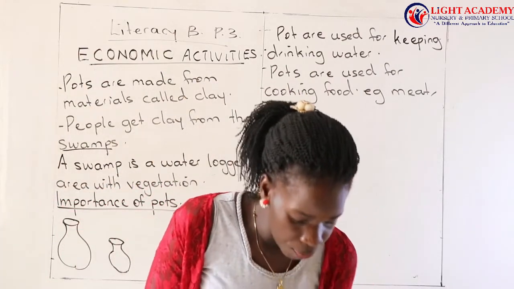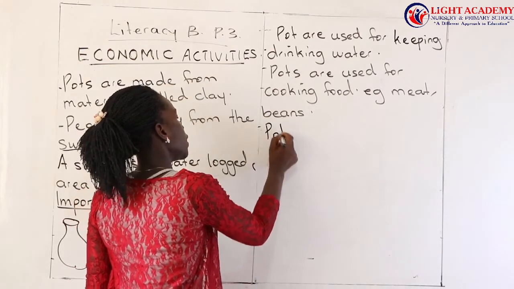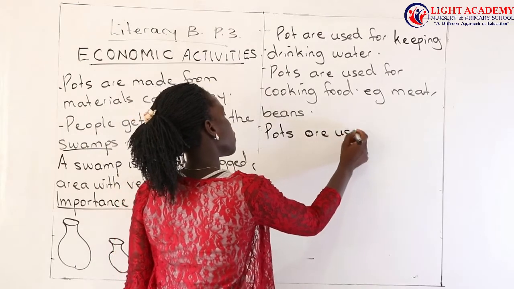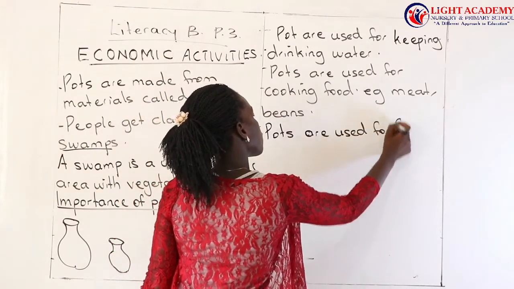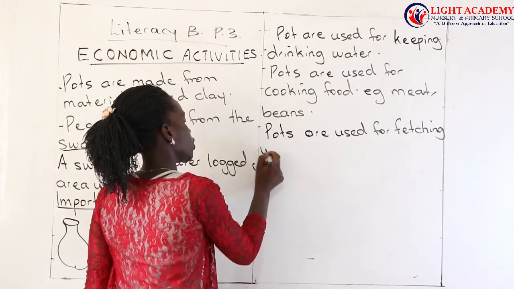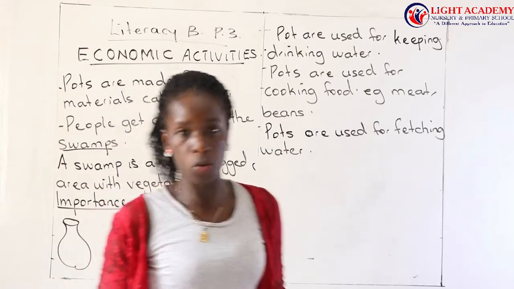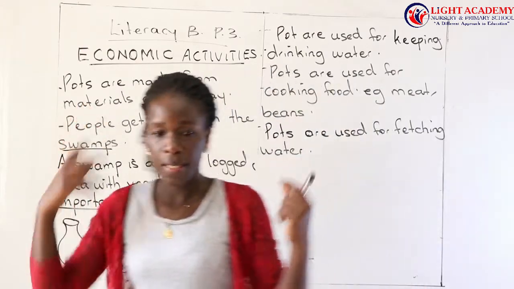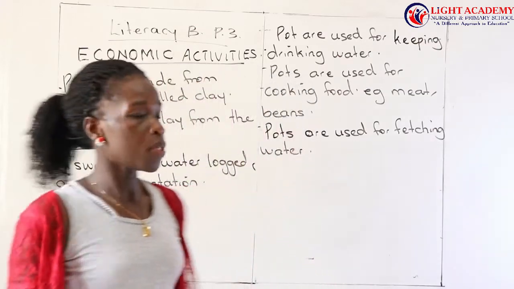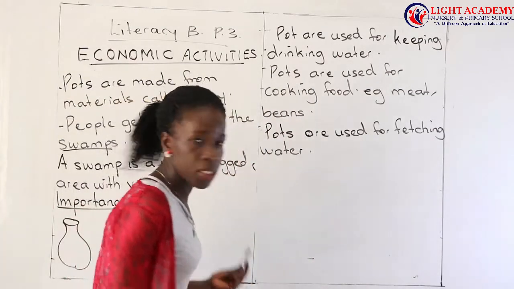Another one, pots can also be used for fetching water. Especially in villages, people use pots to fetch water. You see them carrying pots on their heads, not the small pots but the big ones, going to the wells and the streams to fetch water.